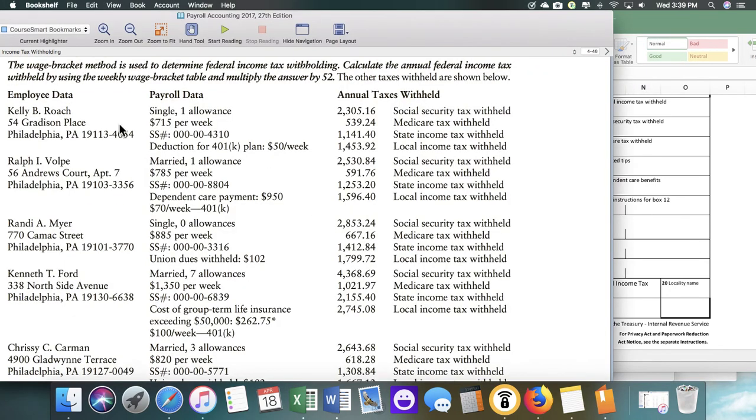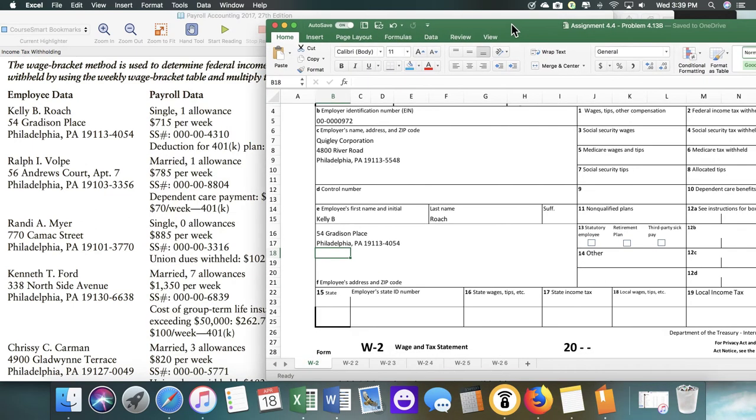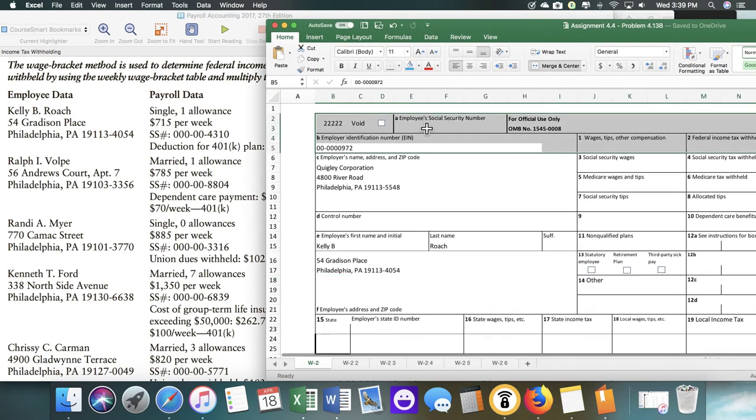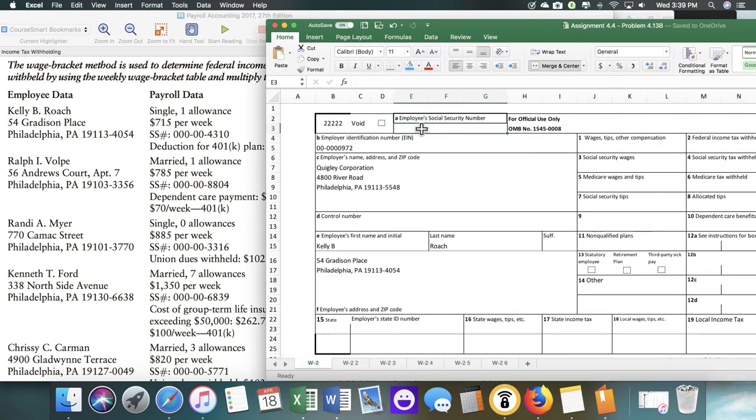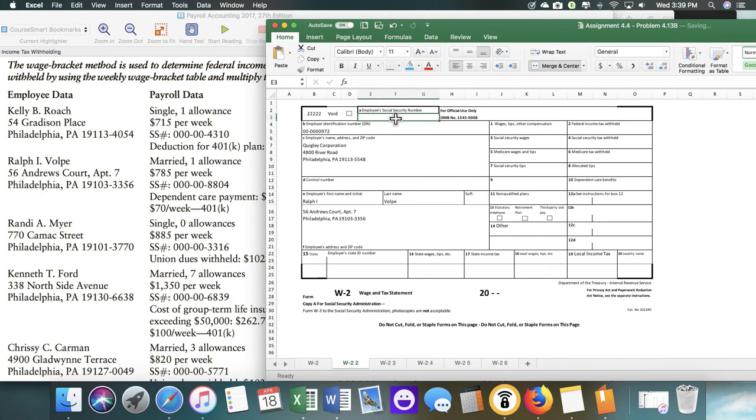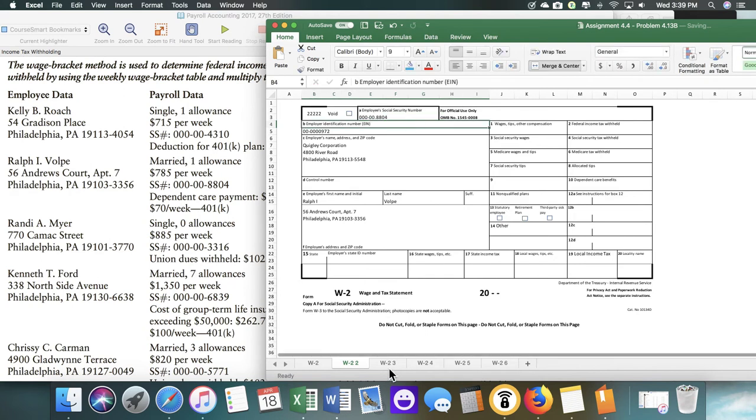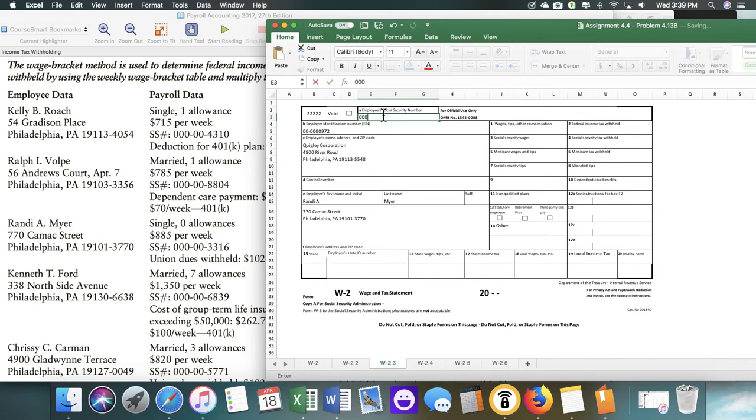Okay, so I have now entered in all of the employees' names and addresses, and now we have to do social security number for each employee. That is going to go up here at the top of the form. And then you're just going to go to each of the forms and enter in everybody's social security number. Make sure you're putting the right employee on the right form.